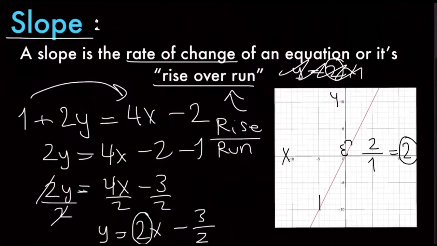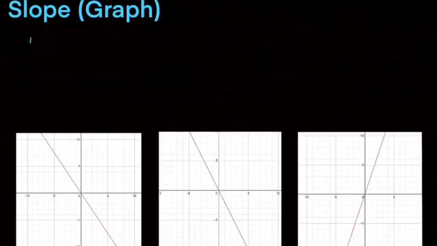Again, here's a point, here's a point. We can say the rise was 2, and the run was 1. So we could directly identify the slope from the rise over run, which proved to be correct with the equation, which was 2.